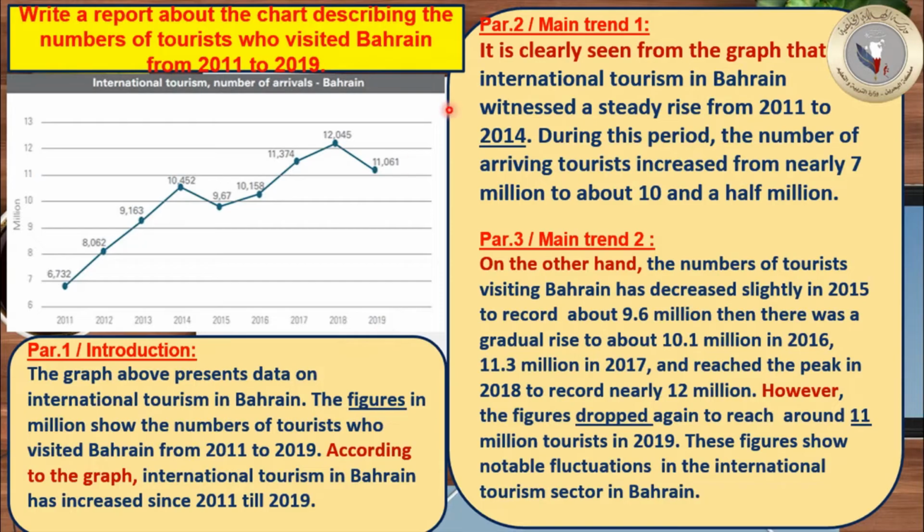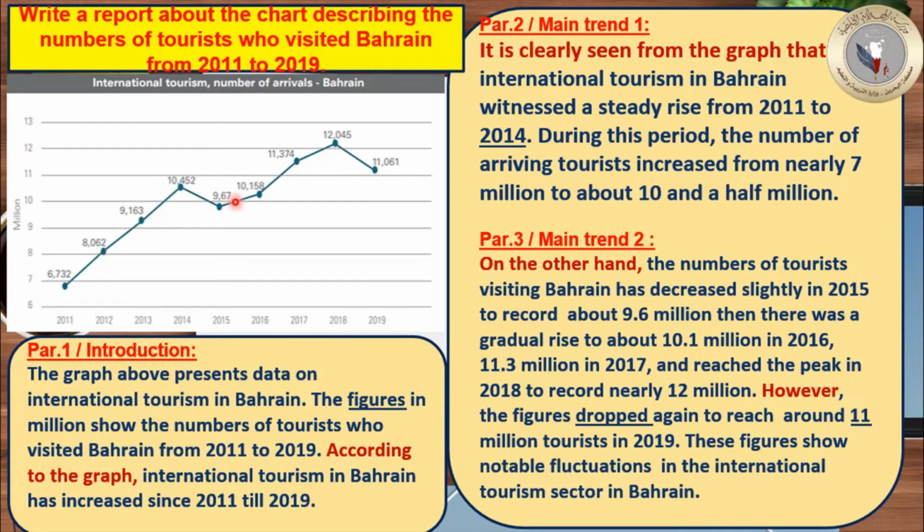Let's go. It's clearly seen from the graph that international tourism in Bahrain witnessed a steady rise. Look, steady. No one period is less or more than the other. All stages are the same. All years the increase is equal. From 2011, 12, 13 and 14, the increases in figures are similar.